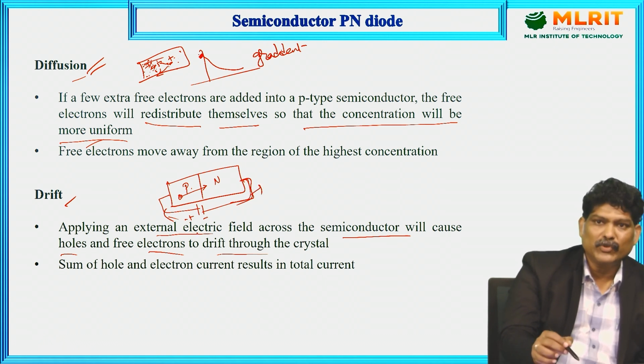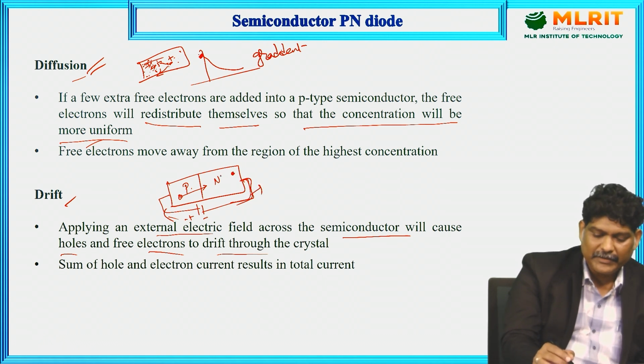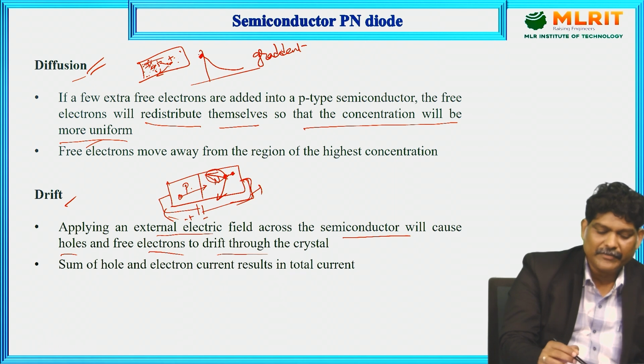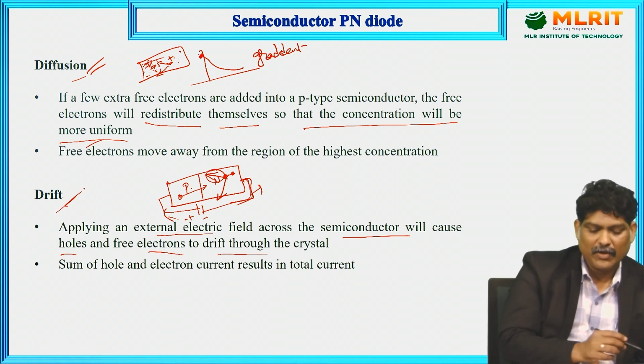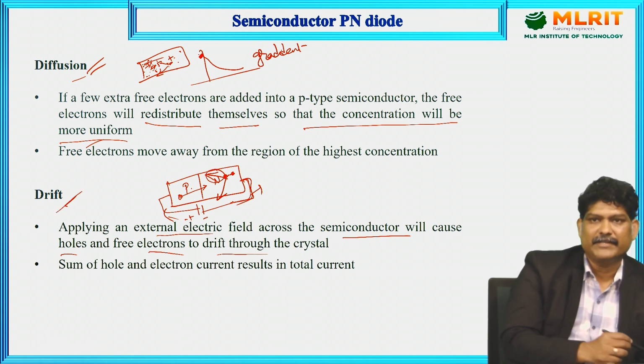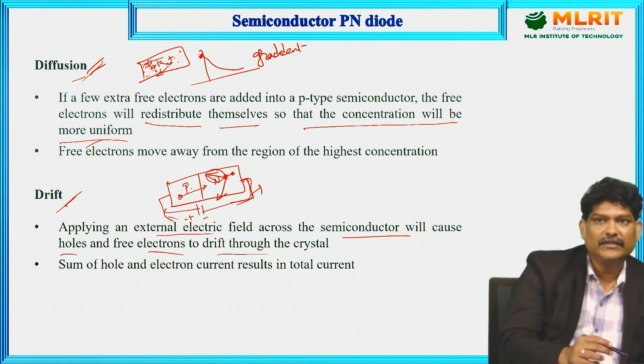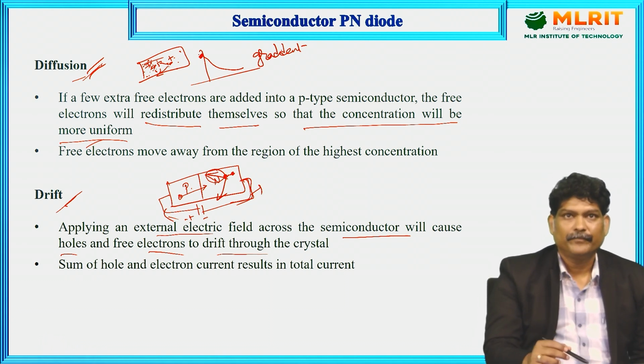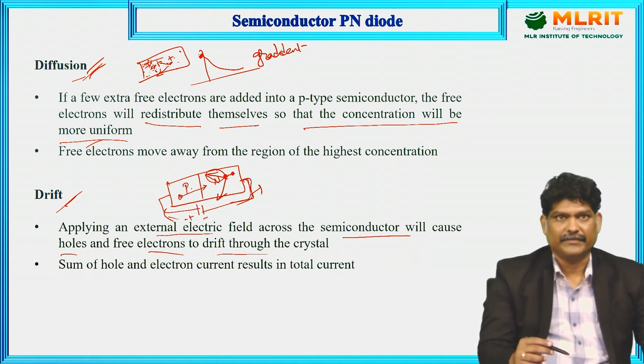For example, this is one atom; they collide with this atom and move in random directions. This random movement causes the drift current. For drift current we require some additional voltage, whereas in diffusion we don't require any additional voltage. So this is about drift and diffusion.